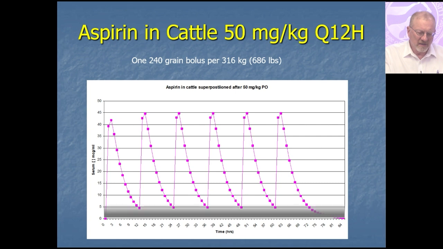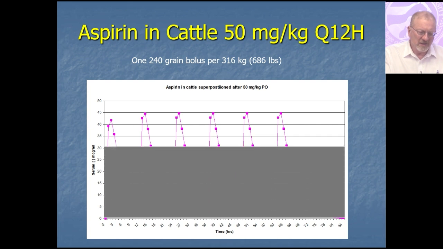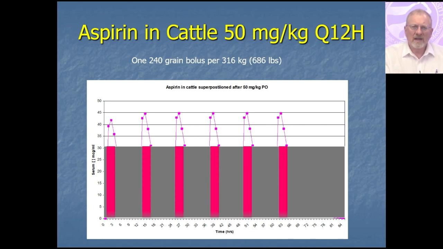But if you look at our expected concentration, which would give us some relief, at least from arthritic pain and other pain type syndromes, that gray area would need to be above that gray area to have that effect. And you fill in how often that is, and you're looking at brief periods of 2 to 3 hours after it's administered where we would actually think that we had some type of effect.